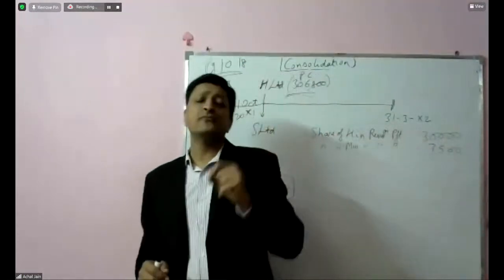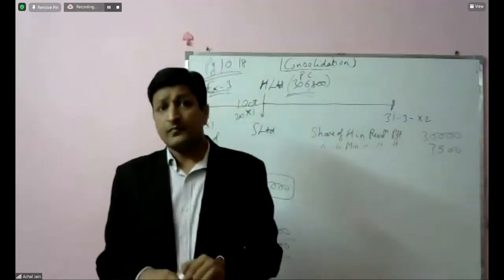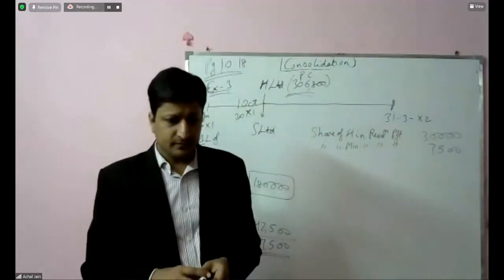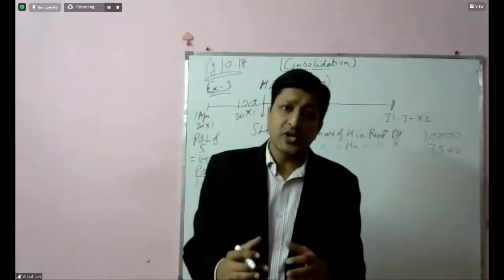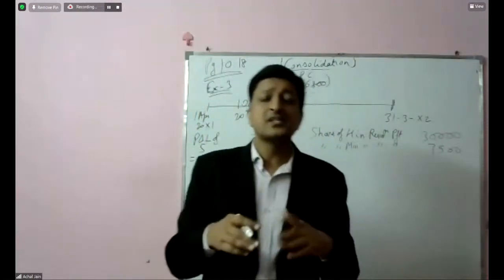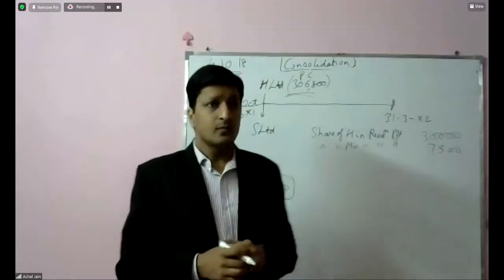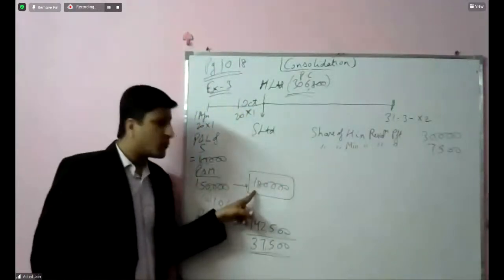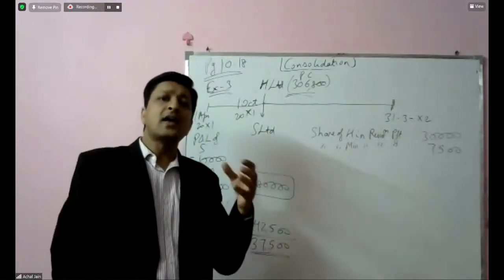If you look at the information available about these two companies, H Limited and S Limited, please remember that this information is in the context of standalone financial statements. This revaluation was done because H acquired S Limited.